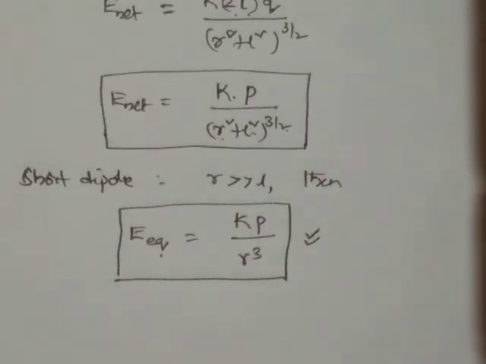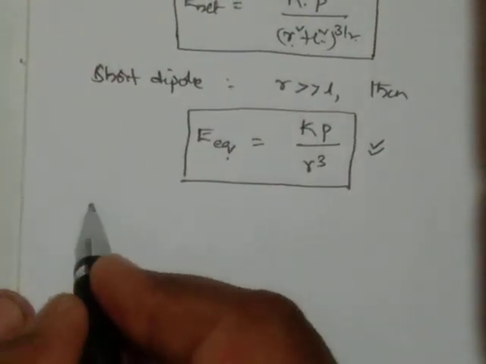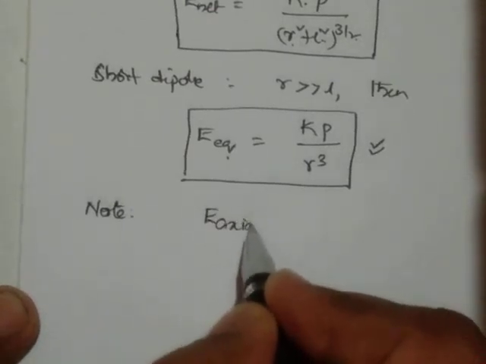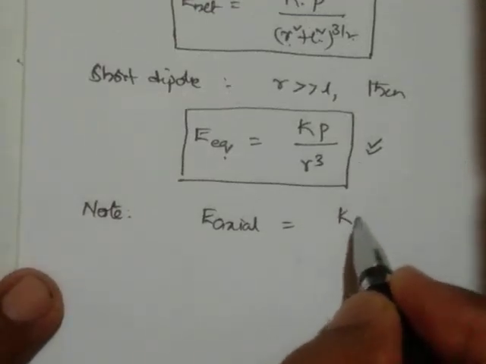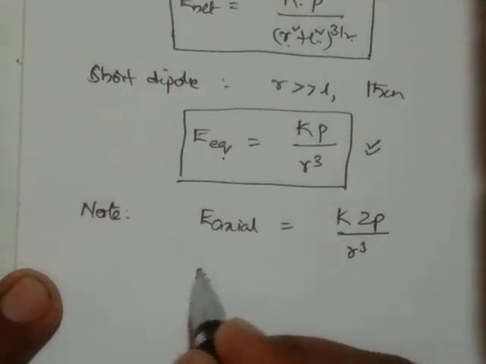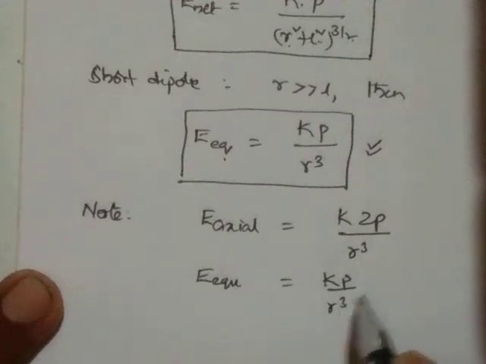right? So this is one big difference, or the big similarity, between the field intensities due to the axial line as well as the equatorial line. So write in your note, E axial we derived in the earlier video, that is K into 2P by R cube, and E equatorial here is K into P by R cube.